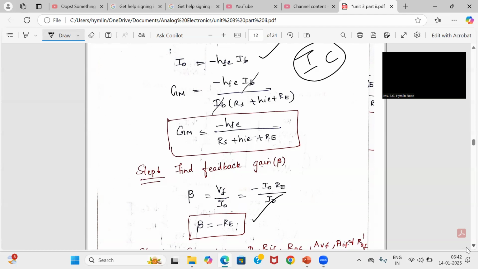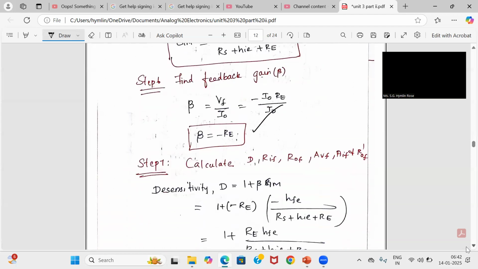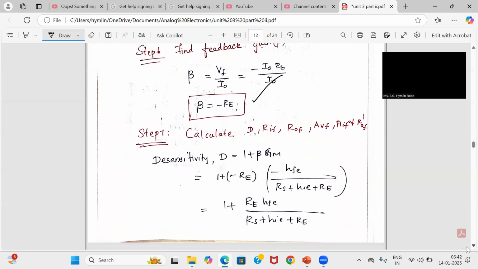Next thing is you have to find your input resistance, output resistance, desensitivity, and voltage gain in terms of your transconductance. Desensitivity formula as per the negative feedback concept, D is equal to 1 plus beta GM. What is beta? Minus RE. And what is GM? It is minus HFE by Rs plus HIE plus RE.